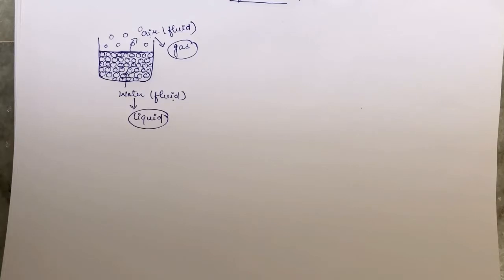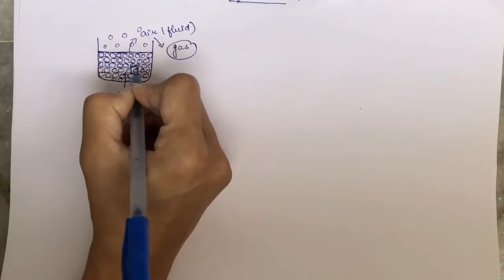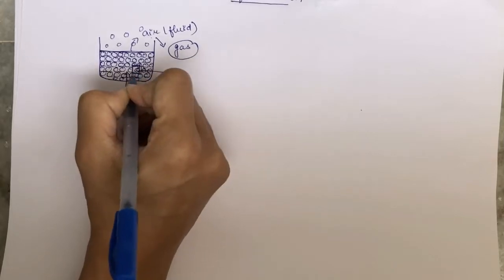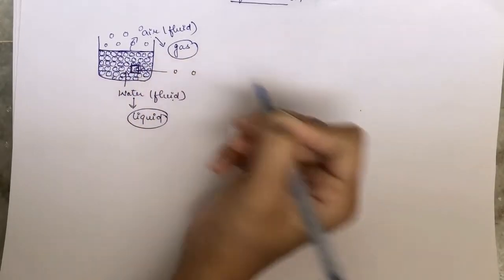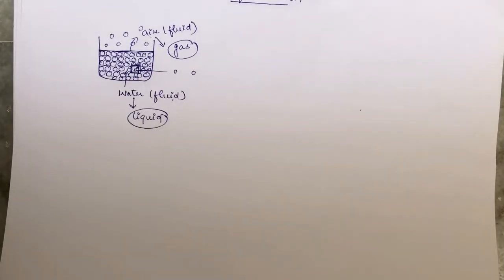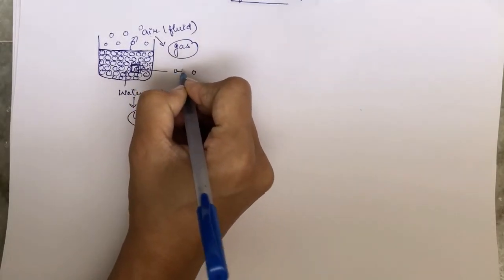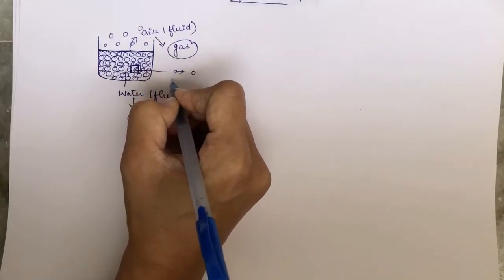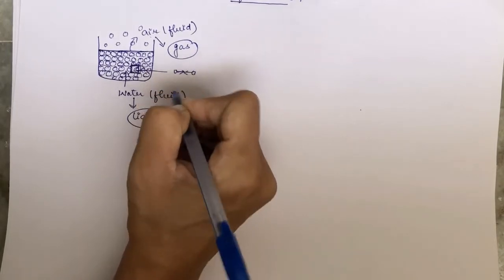Now if I want to study in detail these intermolecular attractive forces, I will take a zoomed-in picture of this section. Here I can draw two molecules. These two molecules will impart attractive forces towards each other. This molecule will impart an attractive force to this one, while this molecule will impart an attractive force to that one.